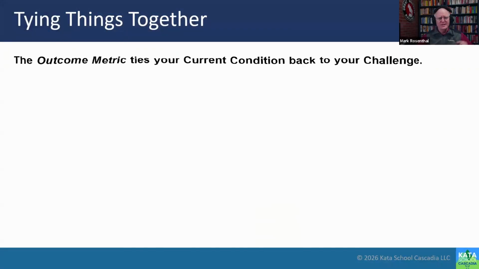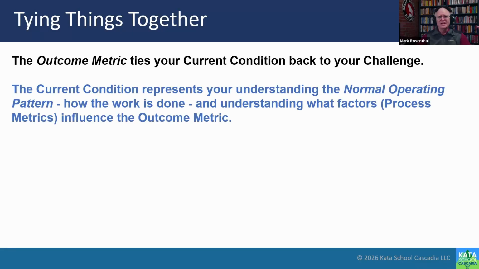Okay. So just to tie this together so far, if you look at the whole thing, the outcome metric is what ties your current condition back to your challenge, faucets per day in our example. The current condition represents understanding of the normal operating pattern, how the work is done, and understanding what factors, your process metric, influence the outcome.